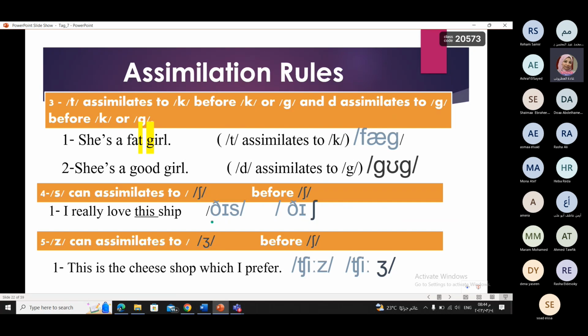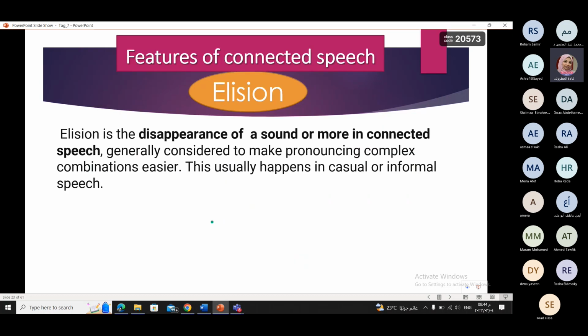so in order not to make it longer for today, let's move on to another feature of connected speech, which we call elision. I think we have tackled this before. Elision means the disappearance of a sound or more in connected speech.